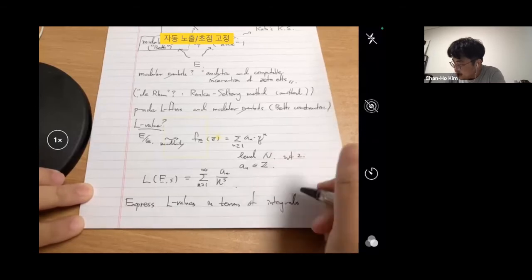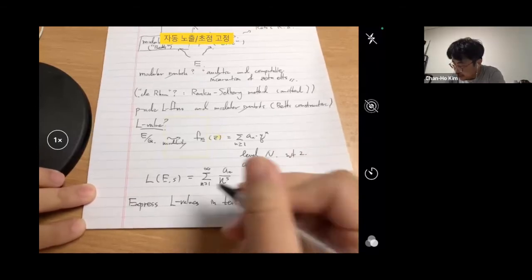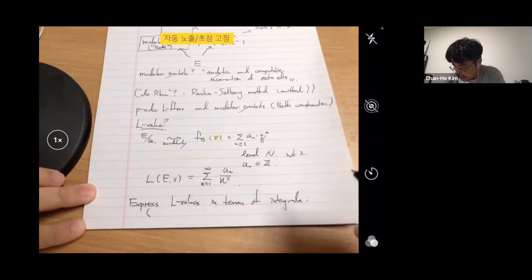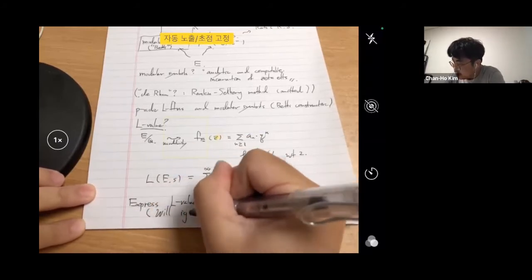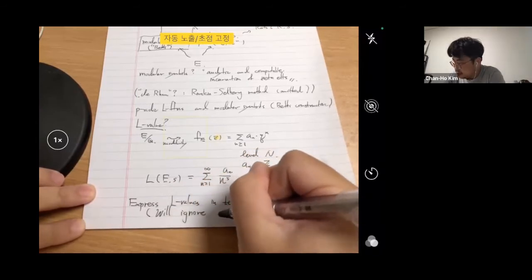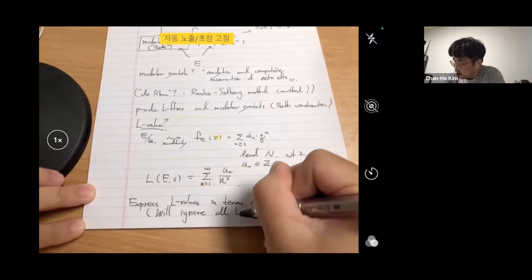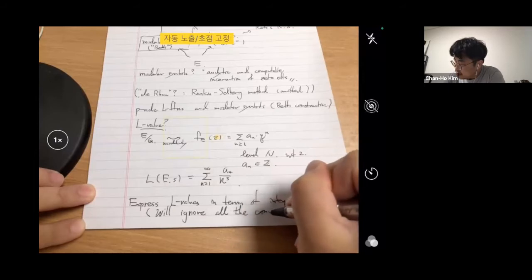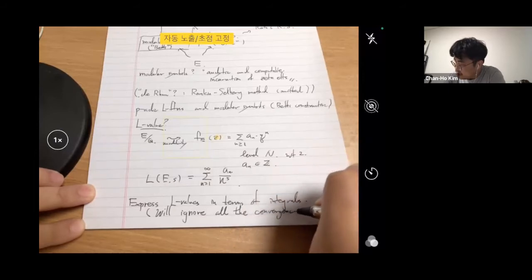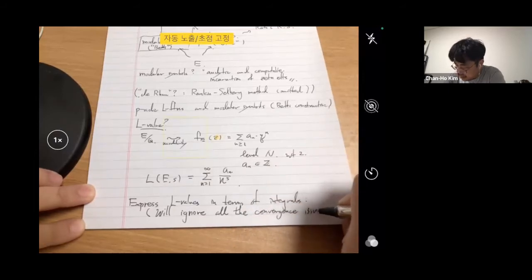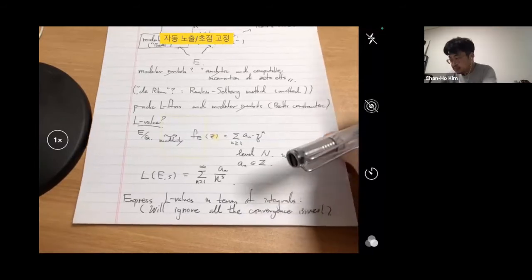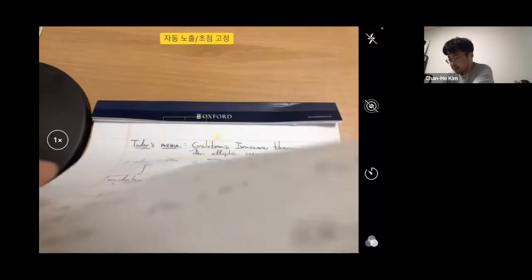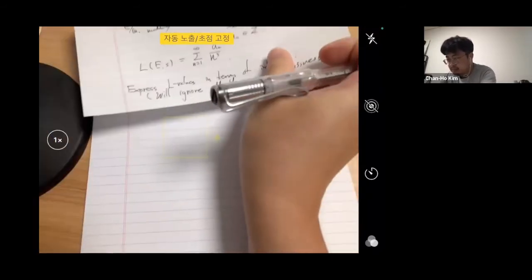In all the computations from now on, I will ignore every convergence issue.